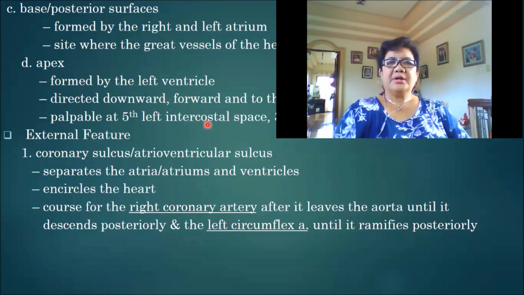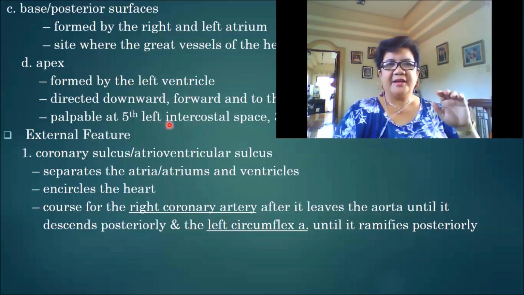So what you can do is put your stethoscope beneath the breast, the drooping breast, and move laterally till you have the heartbeat. You can listen to it. You have to be decent and respectful of the patient, especially if the patient is of old age already.